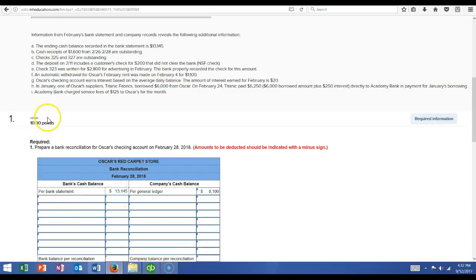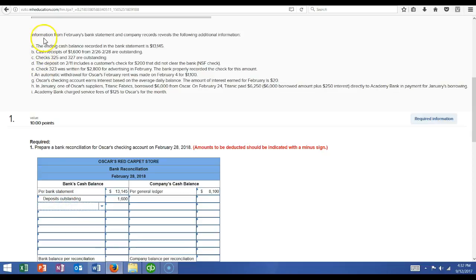Then it tells us that cash receipts of $1,600 from February 26th through the 28th are outstanding. So these are deposits outstanding. So we will add those to the bank side of the reconciliation.